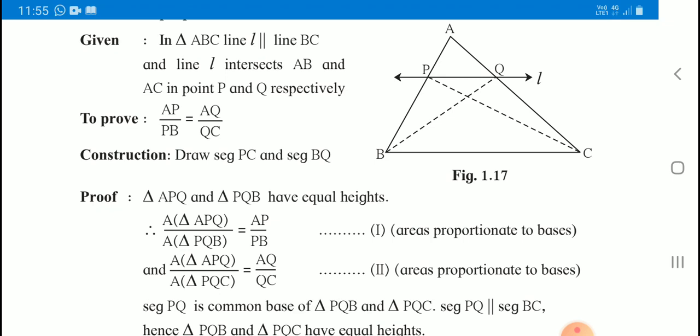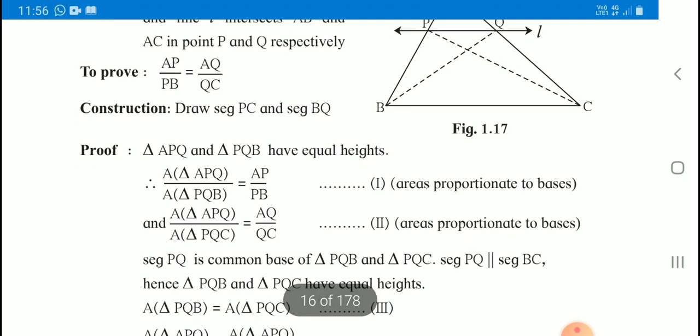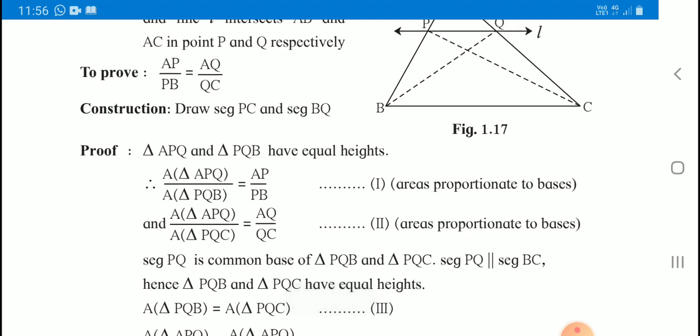Therefore, area of triangle APQ upon area of triangle PQB is equal to AP upon PB. This is equation 1, and the reason is areas proportionate to bases. And another triangle we will consider, that is area of triangle APQ upon area of triangle PQC is equal to AQ upon QC. This is our equation number 2. Here also the reason is areas proportionate to bases.